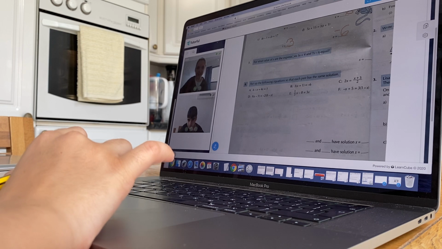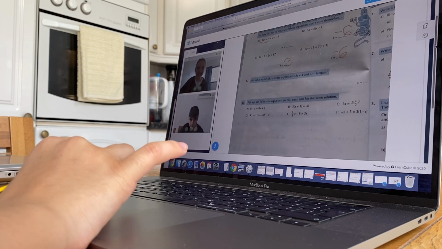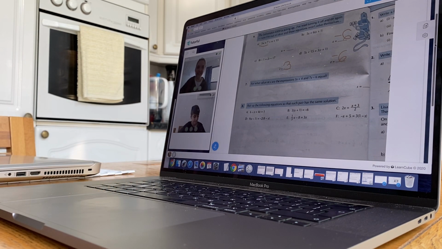This one's a little bit tricky because they're not telling us exactly what we need to do. What's the equation we need to solve? Let's think about what the expression means.